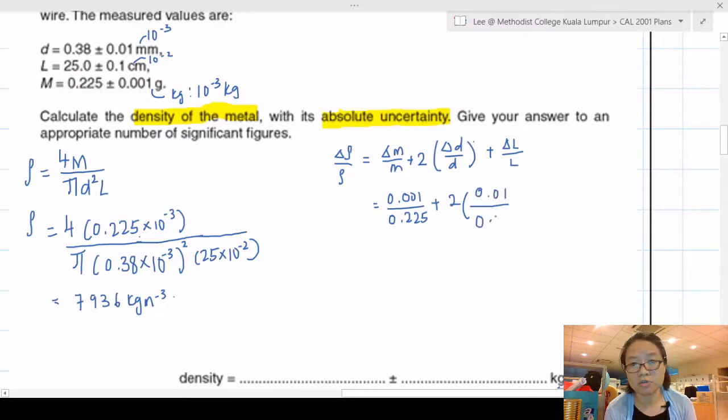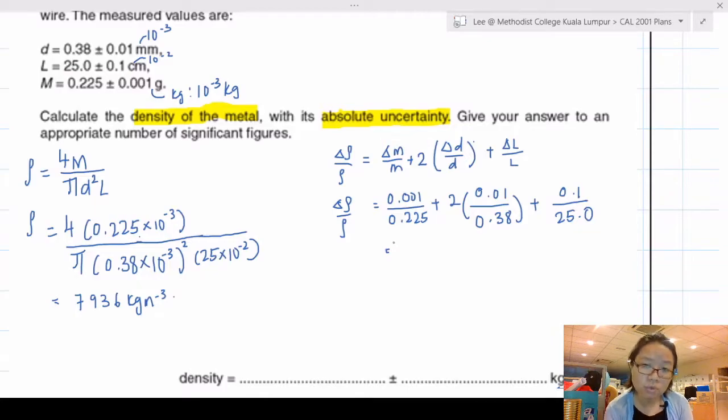D would be 0.01 divided by 0.38. And L would be 0.1 divided by 25. Okay, so sum up all the percentage uncertainty. If there is a power 2, then you multiply by 2. Okay, so just sum up. You don't care whether it's denominator or numerator.